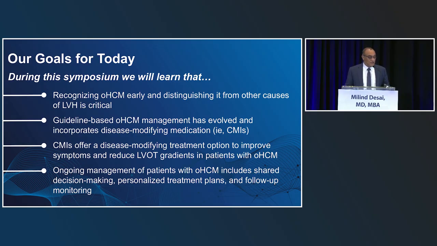CMIs, cardiac myosin inhibitors, offer a disease-modifying treatment option, which we will discuss in depth, with data as well as the clinical real-world application. And how do you incorporate shared decision-making, personalized treatment plans, et cetera, and follow-up monitoring.